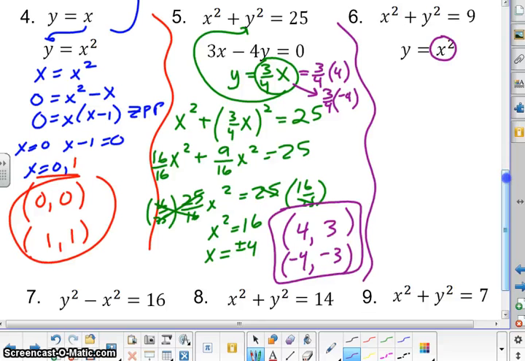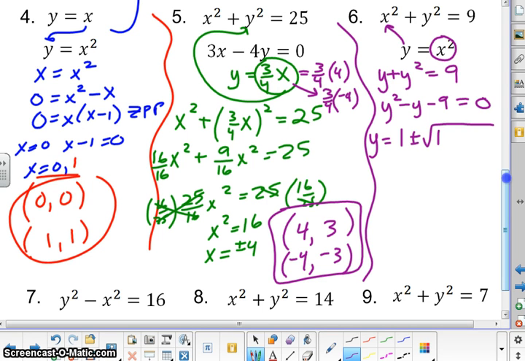y and x squared, those are the same, so I'm just going to plug a y in for that spot. Okay, you're not going to be a big fan of this just because we've got a lot of things going on. Nothing factors nicely, so we are going to have to use the quadratic formula. And since we are in terms of y, I'm just going to say y equals opposite b plus or minus square root of b squared minus 4ac all over 2a.